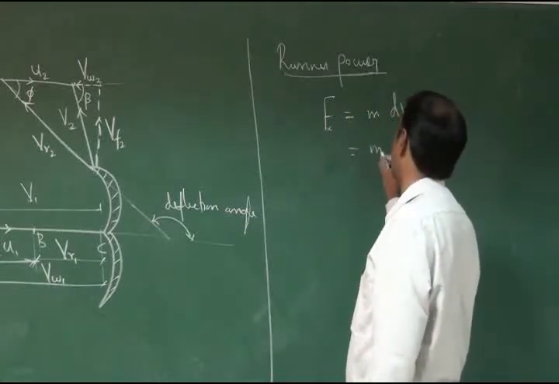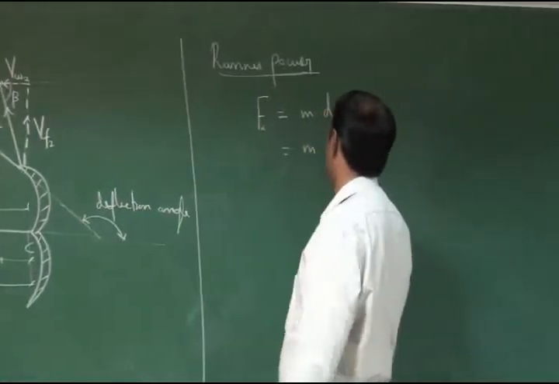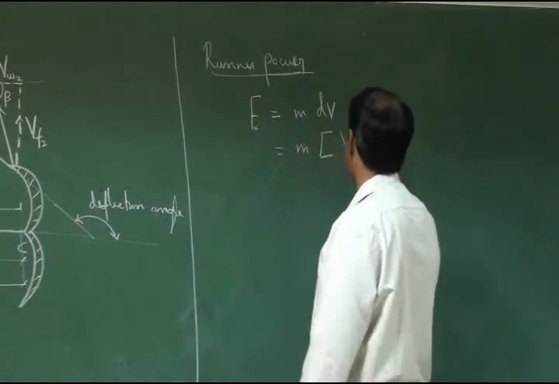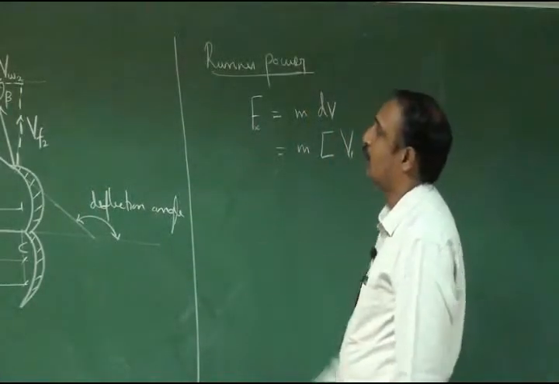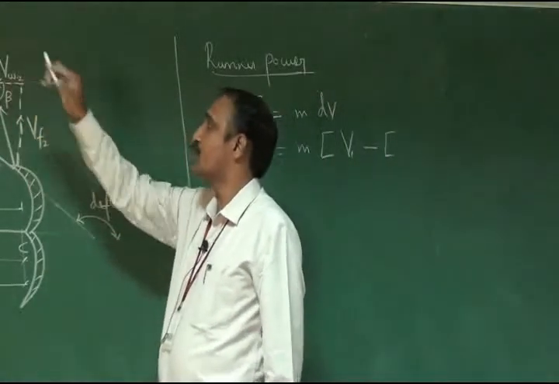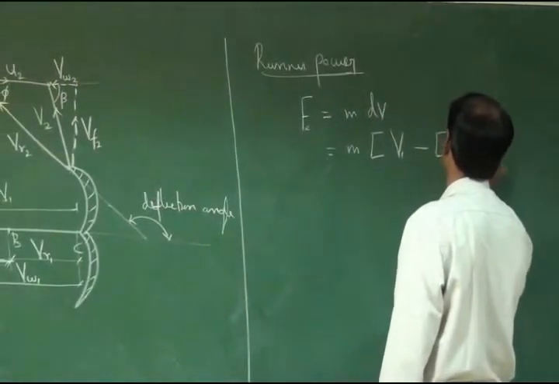Again, we know mass, the rate of change of velocity along the direction of the jet, V1 minus the horizontal component of the absolute velocity V2, which is VW2, minus VW2 because of reverse direction.